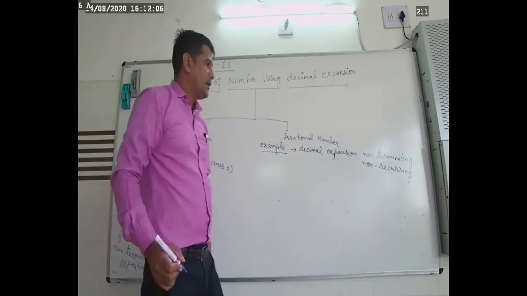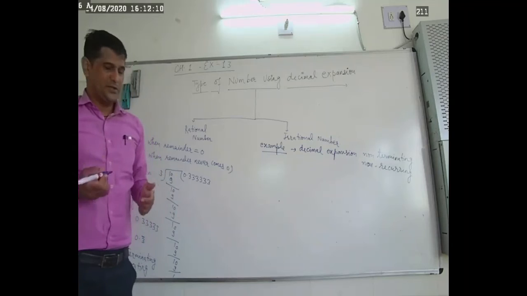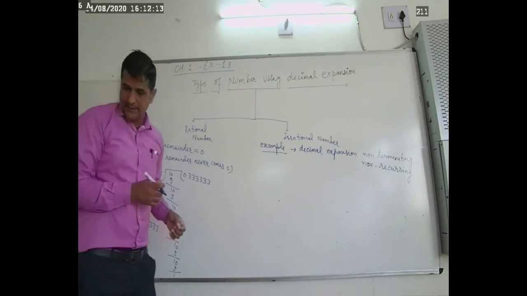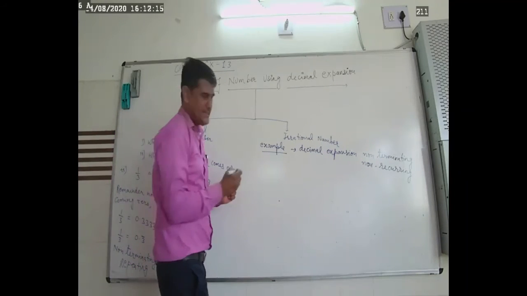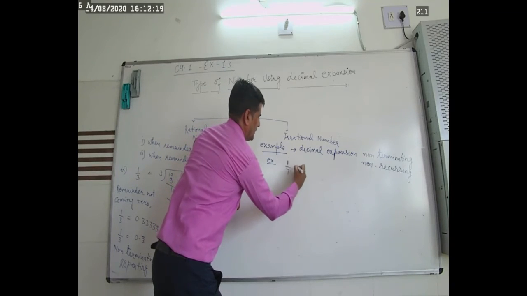Recurring, or you can say repeating. This type of decimal expansion we will consider. For example, take 1/7.